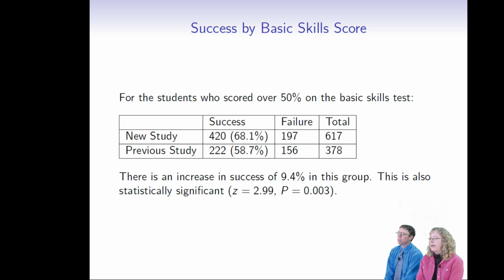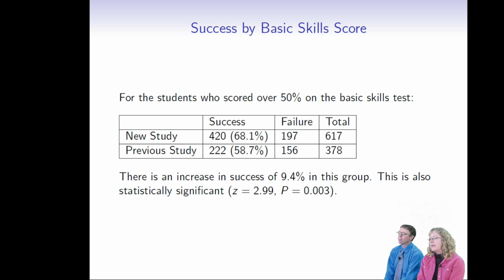And so you see a big jump there from 58%, 59% in the first study being successful to about 68%. So I'll say again, our overall success rate is 68%, which is still probably not high enough, but given the mathematical level of our students, I think we're getting somewhere at least.